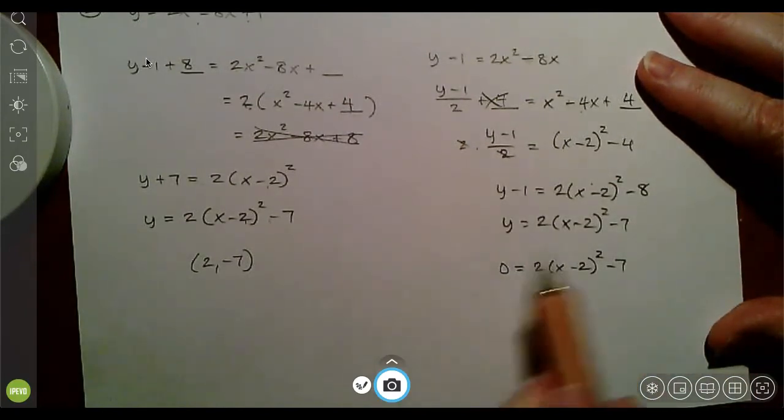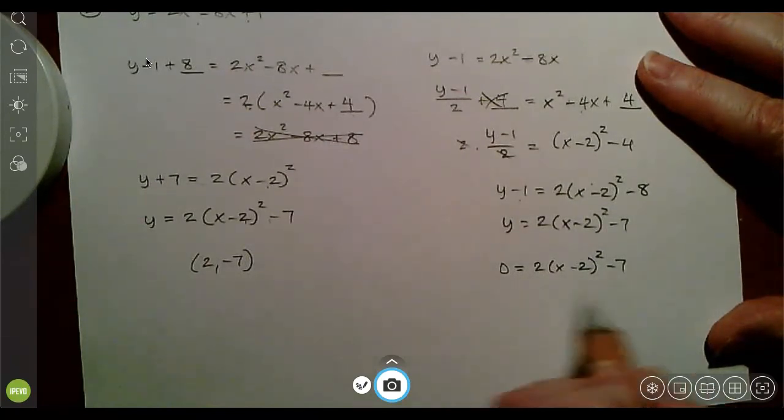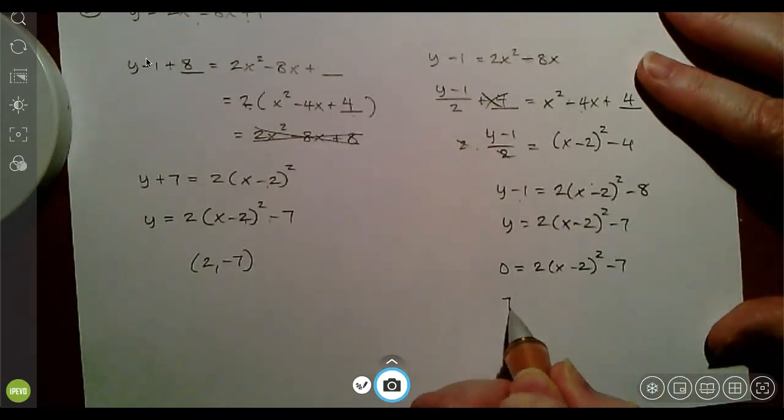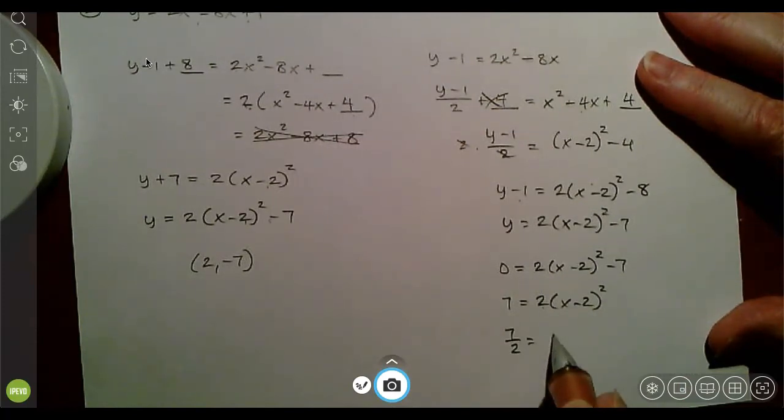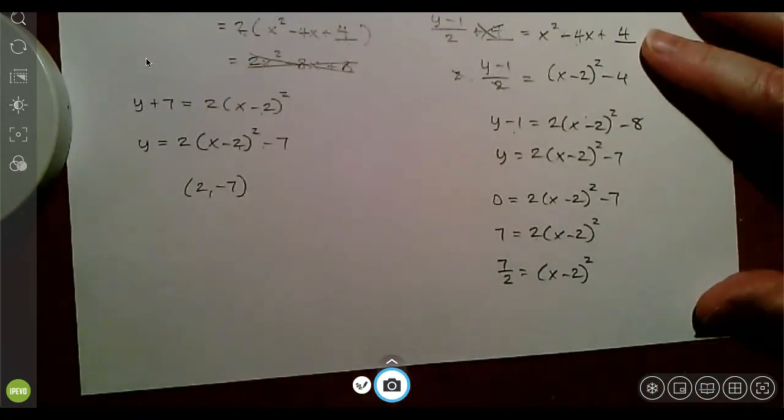So now I'm going to undo some of these things to solve for x. So I'm going to add 7 to both sides and get this. And then I'm going to divide by 2 on both sides, so I get this. So what I'm going to do here is get this down to a point where I can just take the square root of both sides.